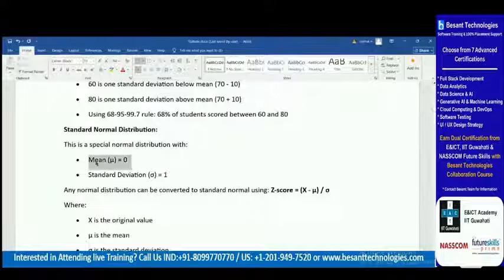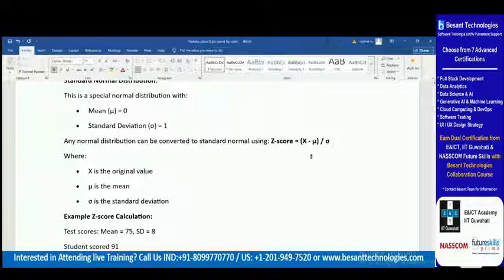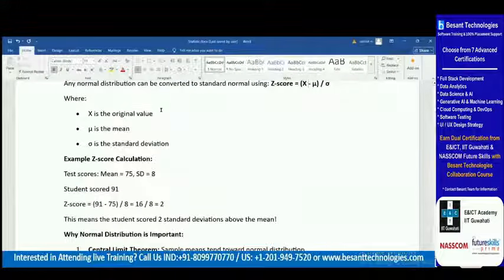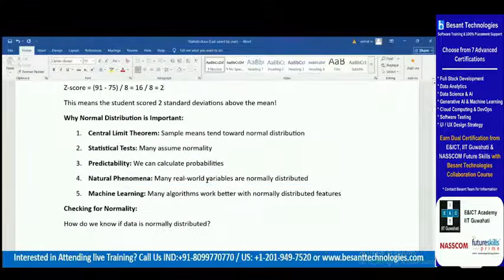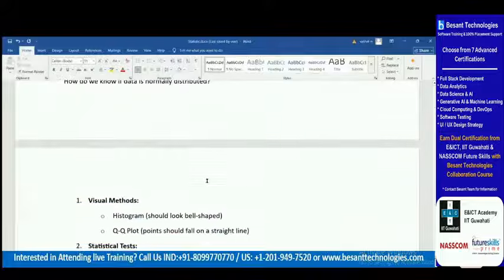For this you can apply the formula z equals x minus mu divided by sigma. x is your original value, mu is your mean, and sigma is your standard deviation. I apply that and calculate the Z score. This Z score represents the normal distribution of your data set. So this is how the normal distribution is calculated.